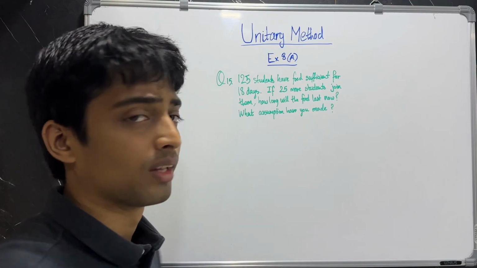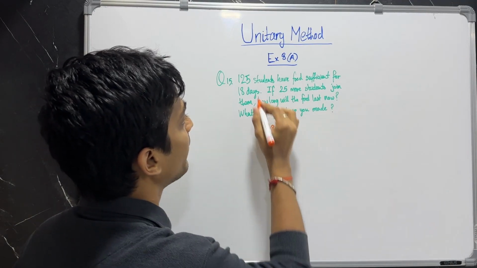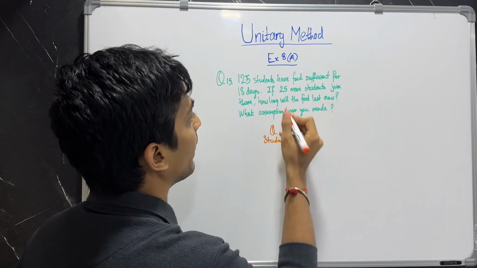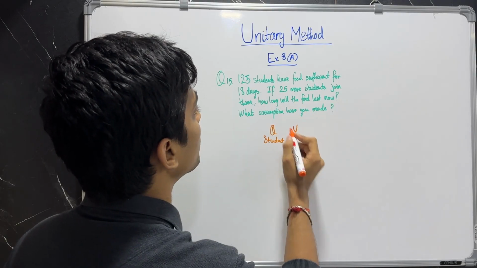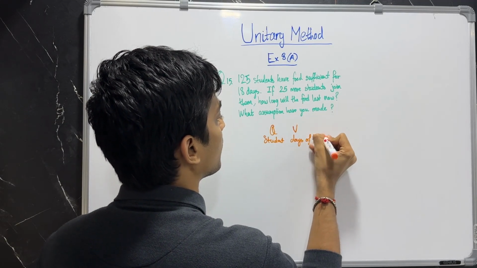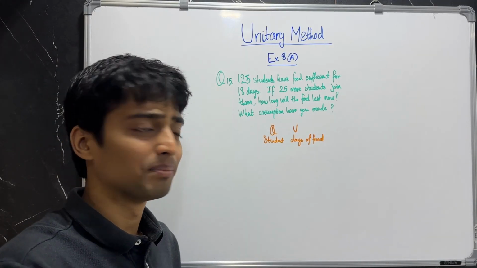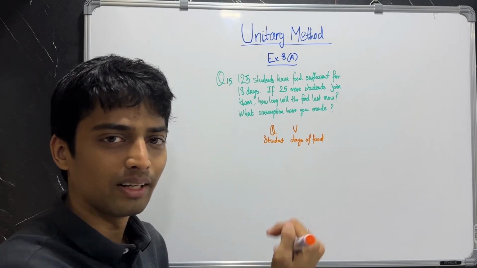Let's write the quantity and the value. Quantity is students and value is days of food. Okay, let's check now. If the number of students is more, then the amount of food will get over quickly, so the days will be reduced.